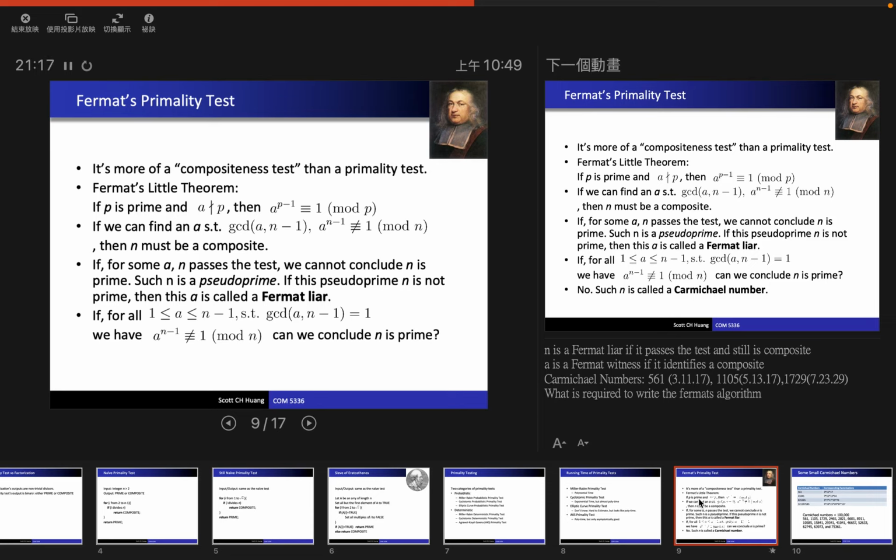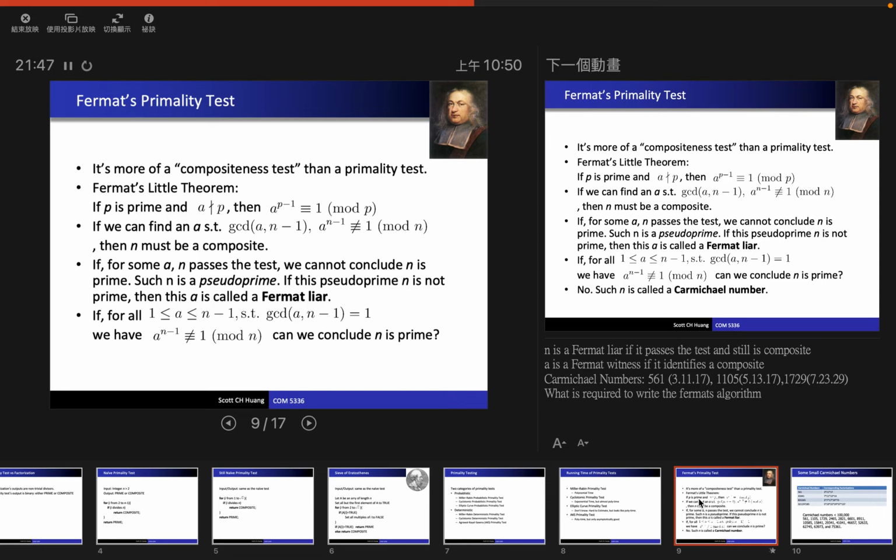Such a type of primality test is something like this. We don't factorize a number. What we do is try to find a relationship in number theory which is related to a prime number.